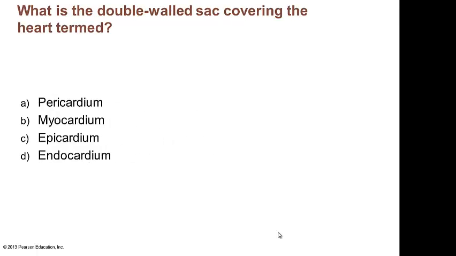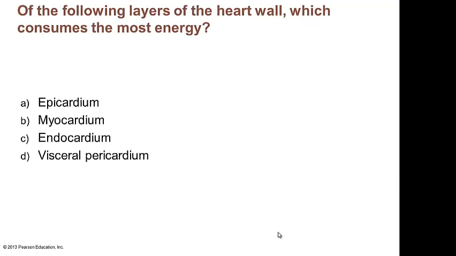What's the double-walled sac covering the heart? Yep, pericardium. Of the following layers of the heart wall, which consumes the most energy? Yeah, the muscle, the myocardium, right? And one more.